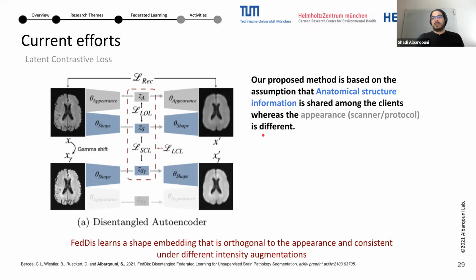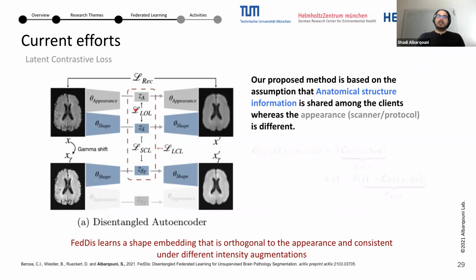So we try to disentangle the feature representation into two: one capturing the appearance, and another capturing the shape. We share only the shape representation with other clients in the federated setting, while we keep the appearance representation private and stored locally in the client or the hospital.